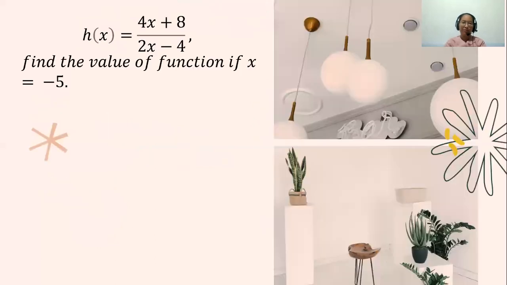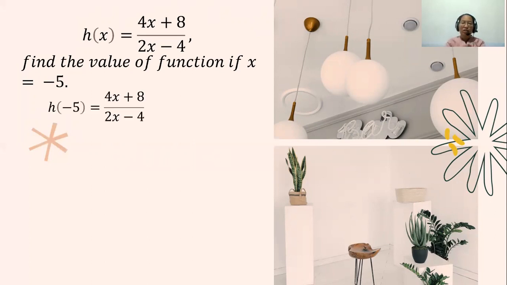Let's have another example. This particular example is a rational function. h of x is equal to 4x plus 8 over 2x minus 4. Find the value of the function if x is equal to negative 5. Again, very easy.